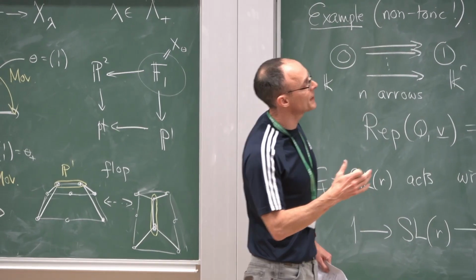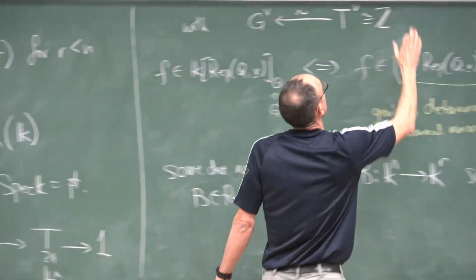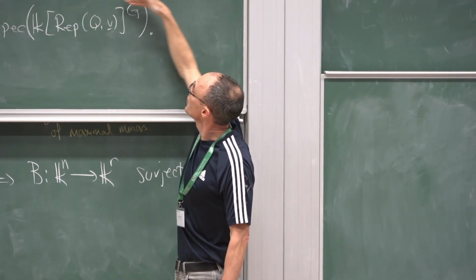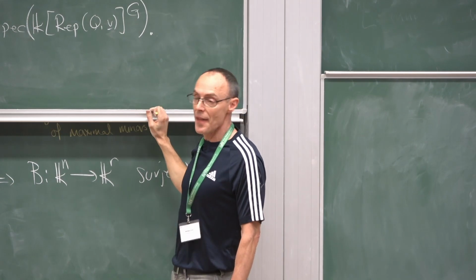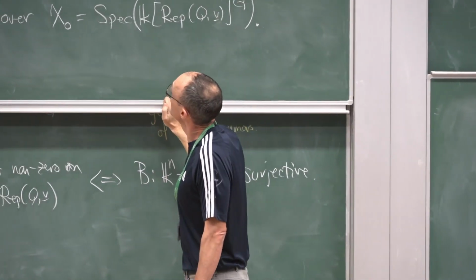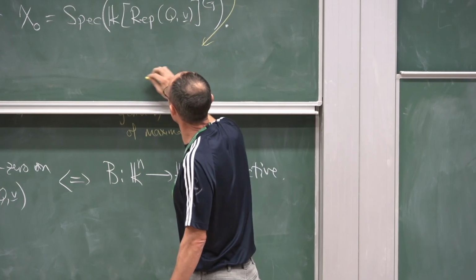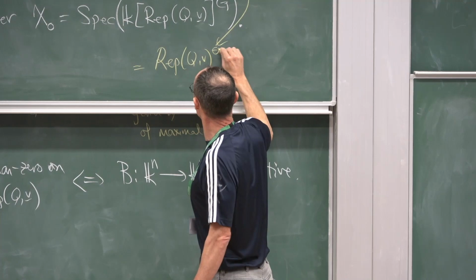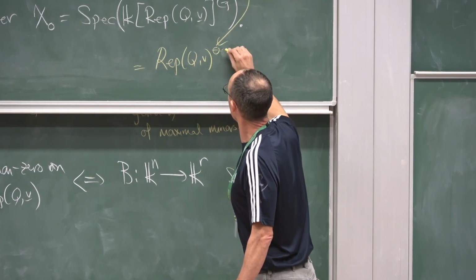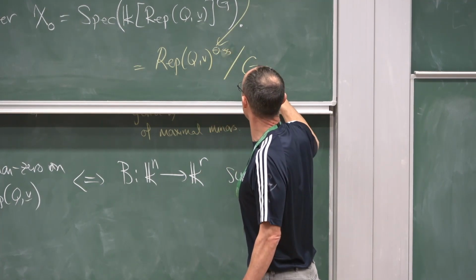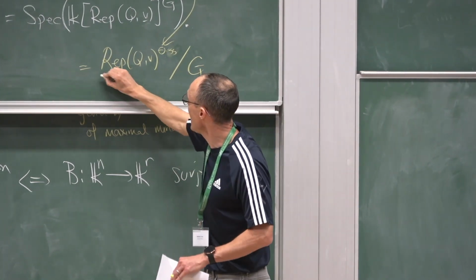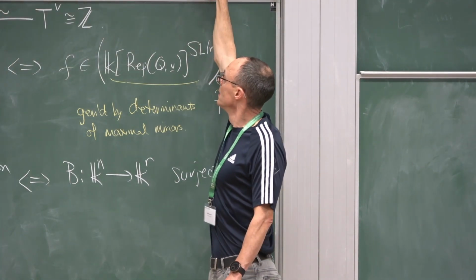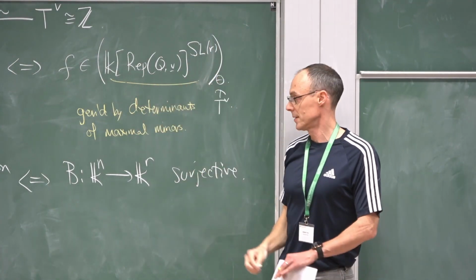But I go back to my first description of Proj of the graded ring the other day, yesterday, that to work out what I want, I choose generators of this ring, and then when I do the construction, and this is really getting towards the semi-stable locus, so rep of QV, and I took the semi-stable locus, and then I was taking quotients by G, and I said this is exactly the collection of points in the complement of the zero locus of generators.